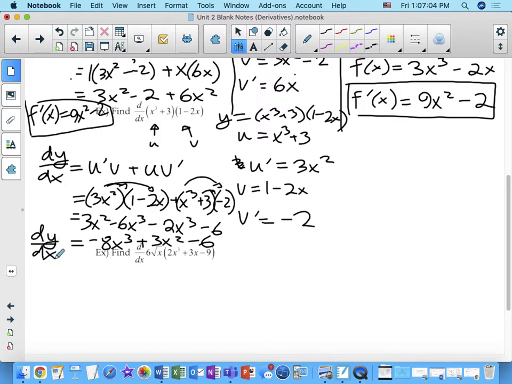Okay, now of course you can do this through expansion as well if you want. So we can just check that.